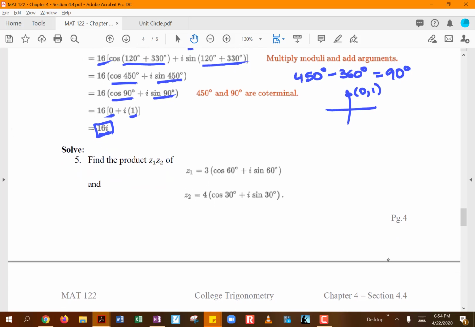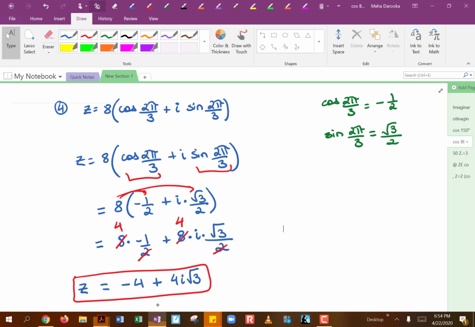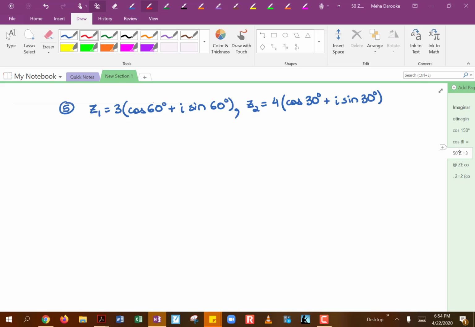Now let's go ahead and take a look at our problem over here. So we are given Z1 as 3 times cosine of 60 plus I sine 60. And then Z2 is given as 4 times cosine 30 plus I sine 30. So let's see what this guy comes out to be. Alrighty, so we are multiplying these.